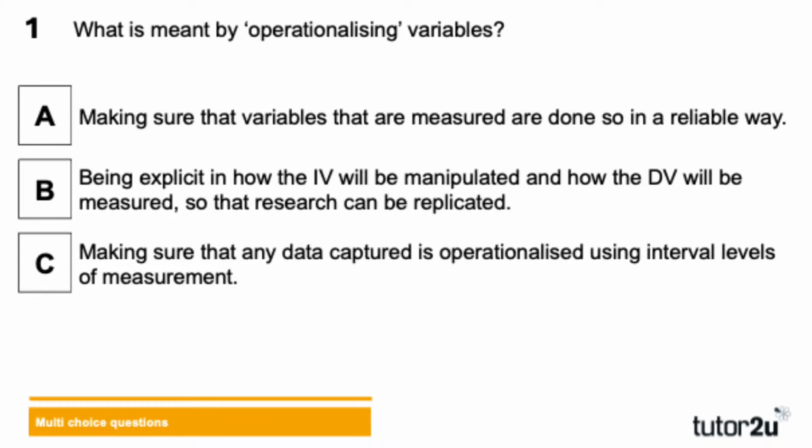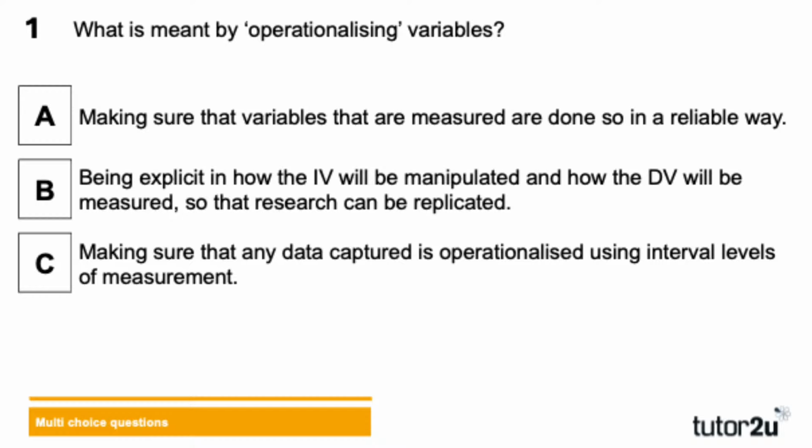So again, answers in the chat box when you're ready. What is meant by operationalising variables? Do we think the answer is A, B, or C? Okay, we've got some answers coming in.